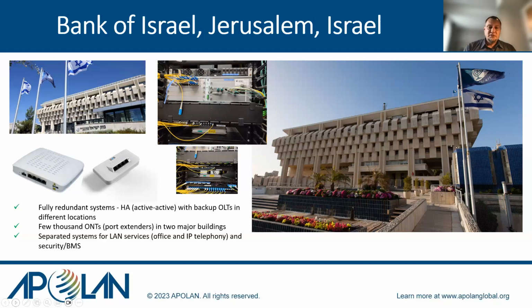In all of these buildings, we have several thousand ONTs deployed, and as you can see, some of them are wall plate form factor and some of them are desktop.